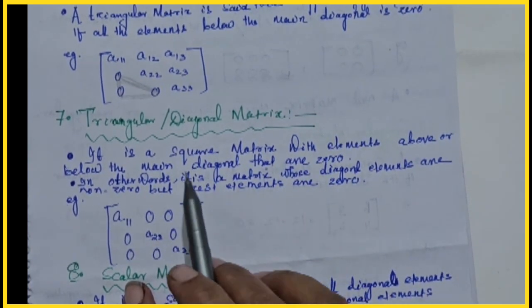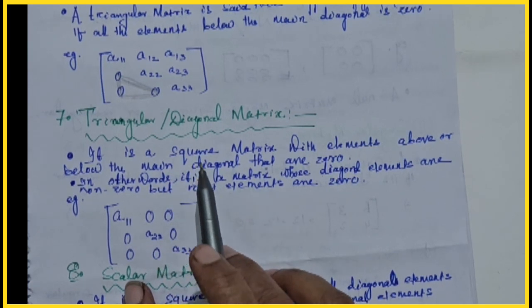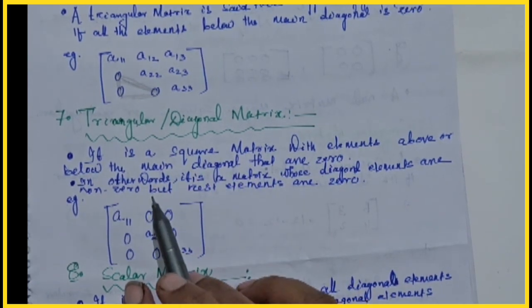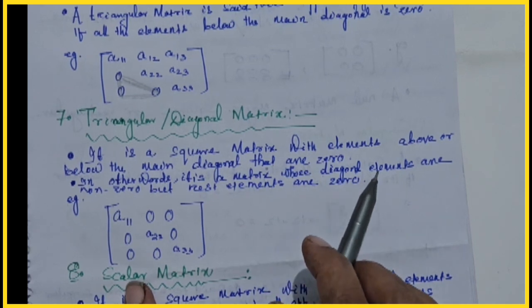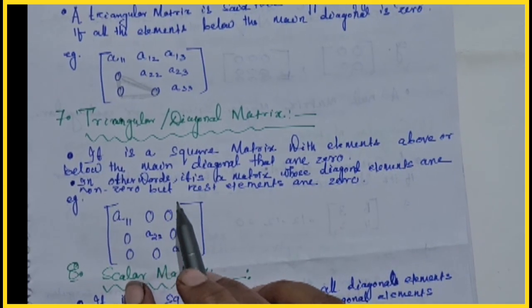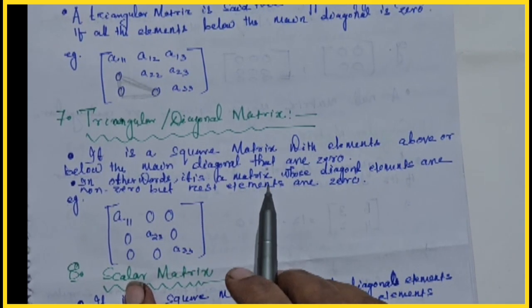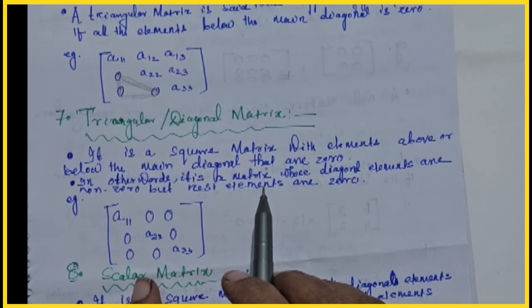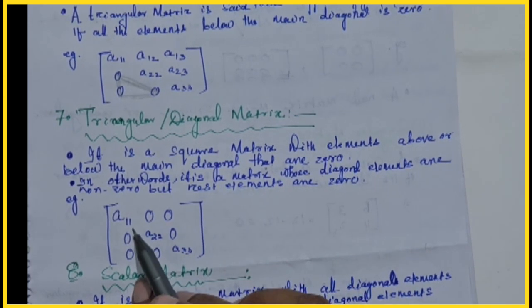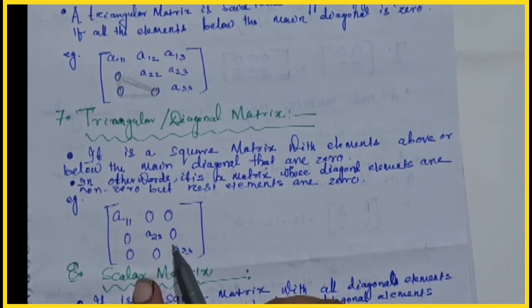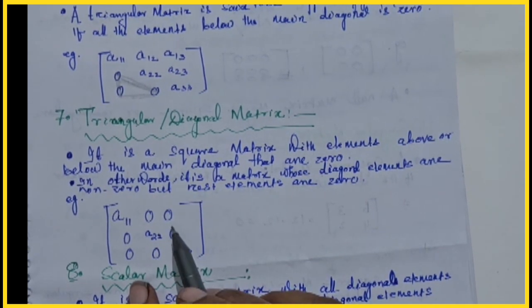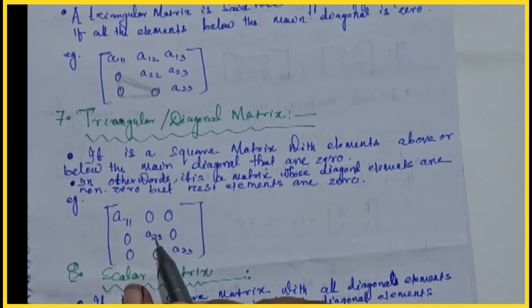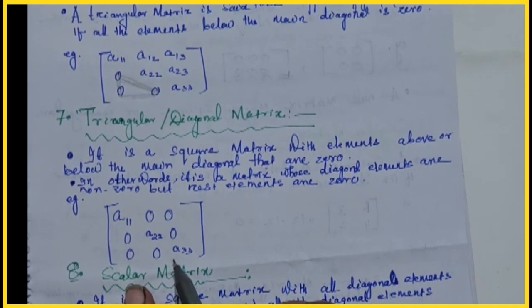That is called a diagonal matrix. In other words, it is a matrix whose diagonal elements are non-zero but the rest of the elements are 0. So only the diagonal elements are non-zero and all other elements above the diagonal and below the diagonal are 0.